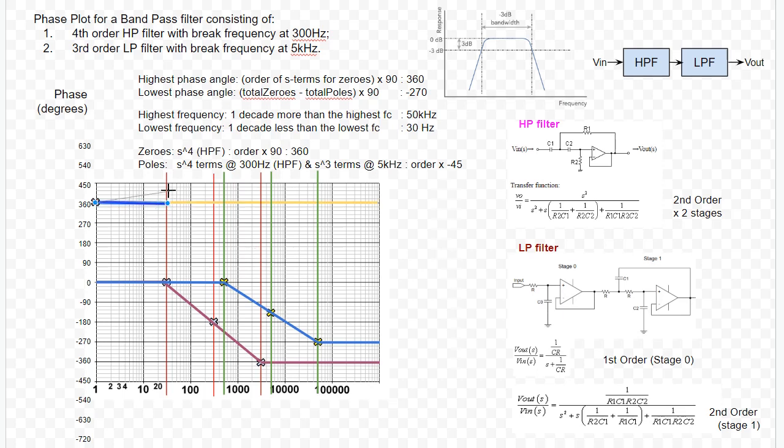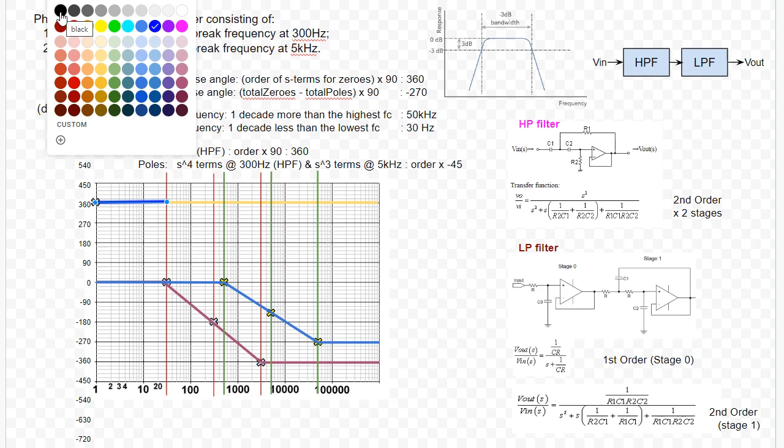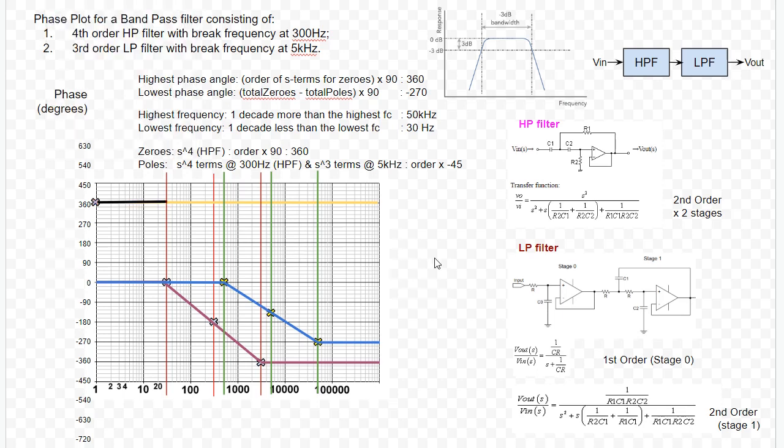All right, so then from here onwards, this is still 0. Maybe I should change this color to some other one. Let's say black. All right, so from 30 hertz, there is a flat 0 degree per decade line there, and so is this. It's also 0 degree per decade, but this one is a 180 degree per decade line.